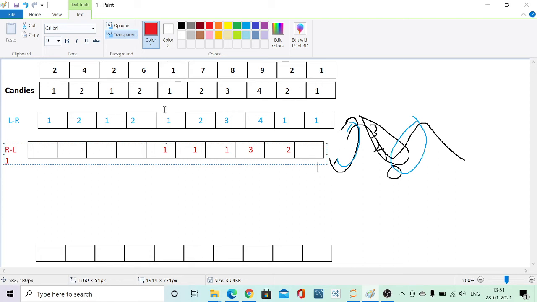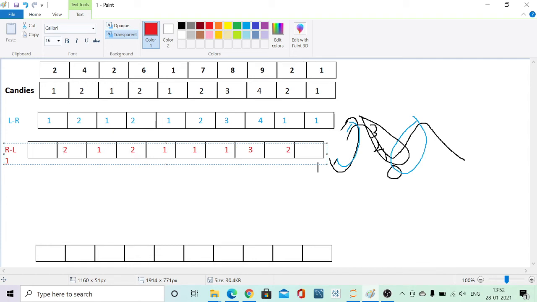Now again we get an increasing trend from 1 to 6, so he will be getting at least 1 candy higher than the previous one, that is 2. Now coming to this person, he has lower rating, so he will get at least 1 candy. Now this person has higher rating, so we know that he will get at least 1 candy more than the previous one, that is 2.